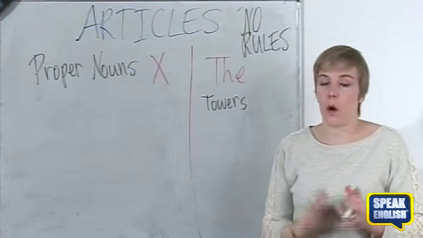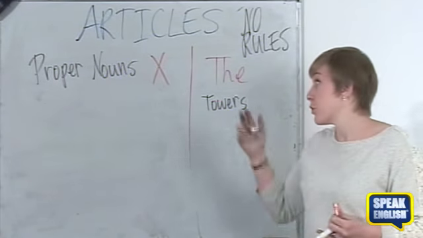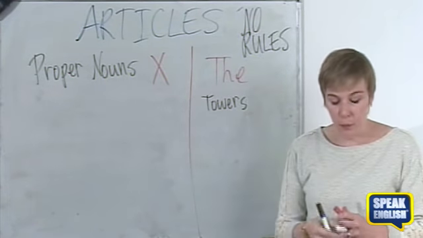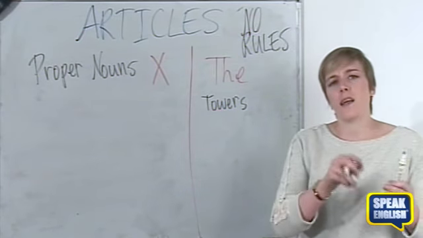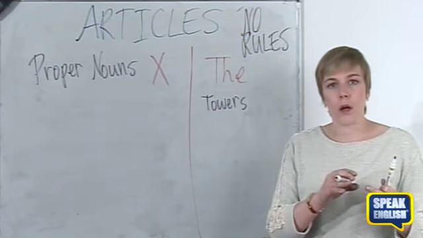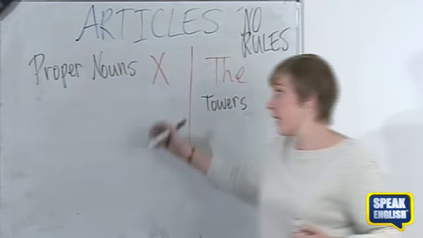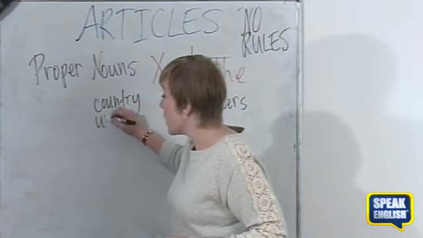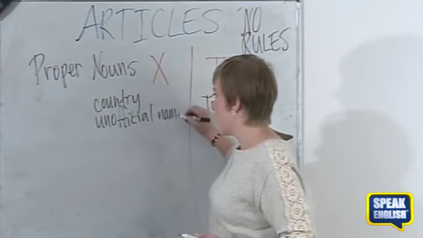There's no rules. So unfortunately, you have to memorize and you have to remember if you use the or if you don't use anything. So another example would be for countries. Do I say, I am from the America or I am from America? Typically, I would say, I am from America. It's a country unofficial name.